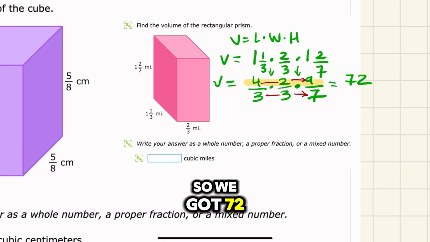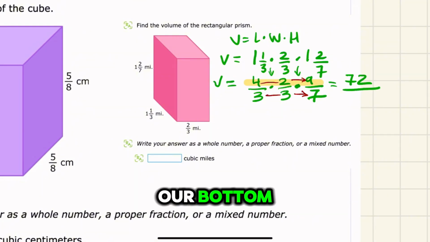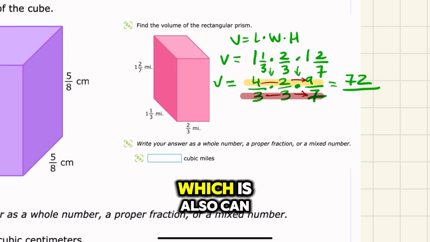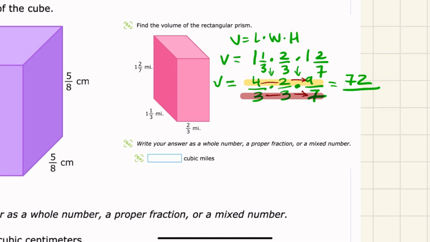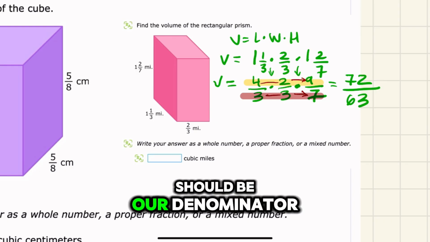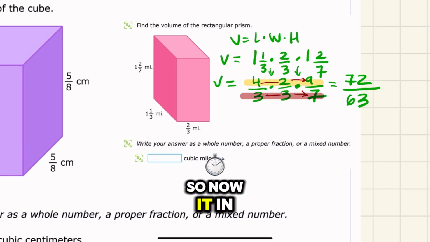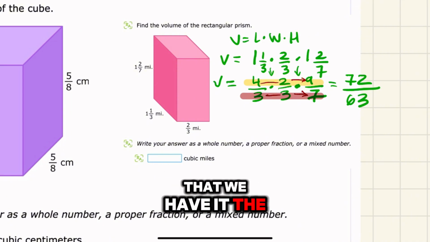So we got 72 as our numerator, and then our bottom, which can also be done on the calculator: 3 times 7 equals 63. So 63 should be our denominator.